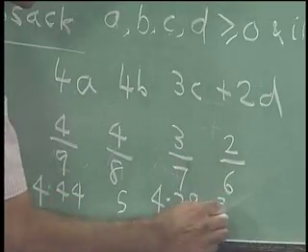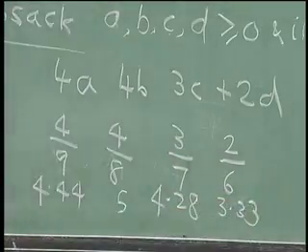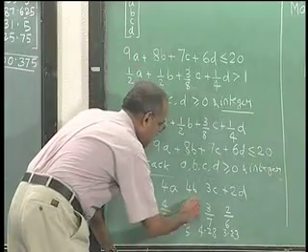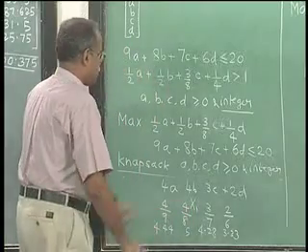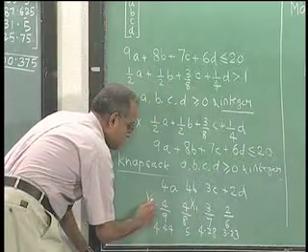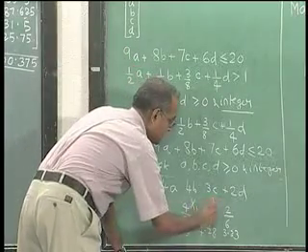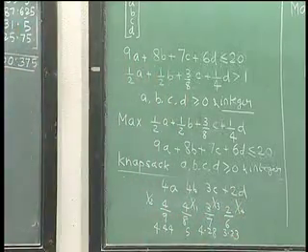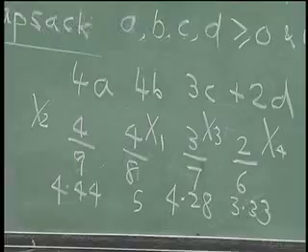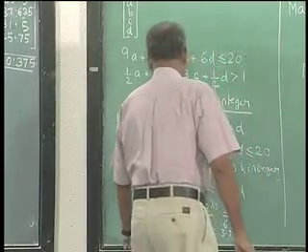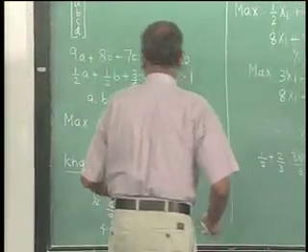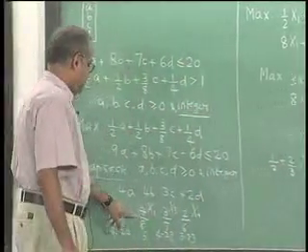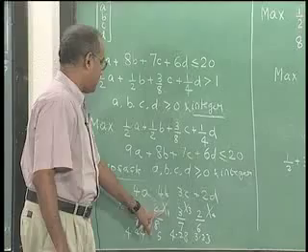2 by 6 is 3.33. So, the biggest is this. So, this is the variable x1, the next biggest is here which is the variable x2, third biggest is here which is the variable x3, and this is the variable x4. So, we rewrite this problem now as this is the variable x1, which is corresponding to 8.